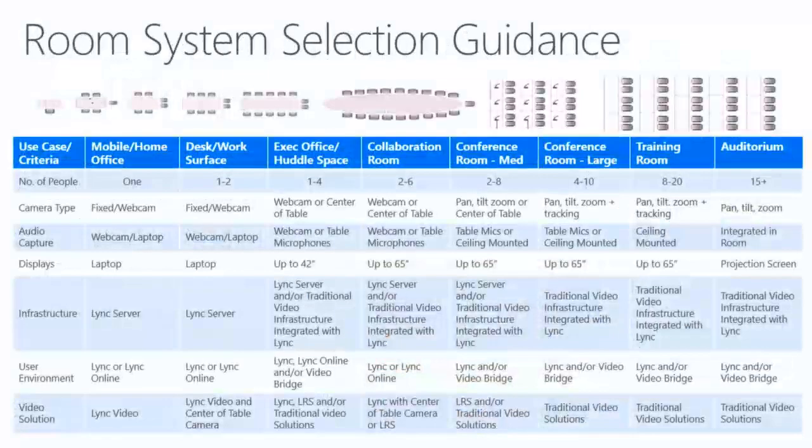Don't take this as 100% guidance, but this is an example of some things you're going to need to look at when you're deploying video in your environment. You're going to want to templatize the different room types you have. So when you say, I need to set up a huddle room, here are my options from a technology perspective, again, for the best user experience. One example is a huddle space or executive office option on our table here.